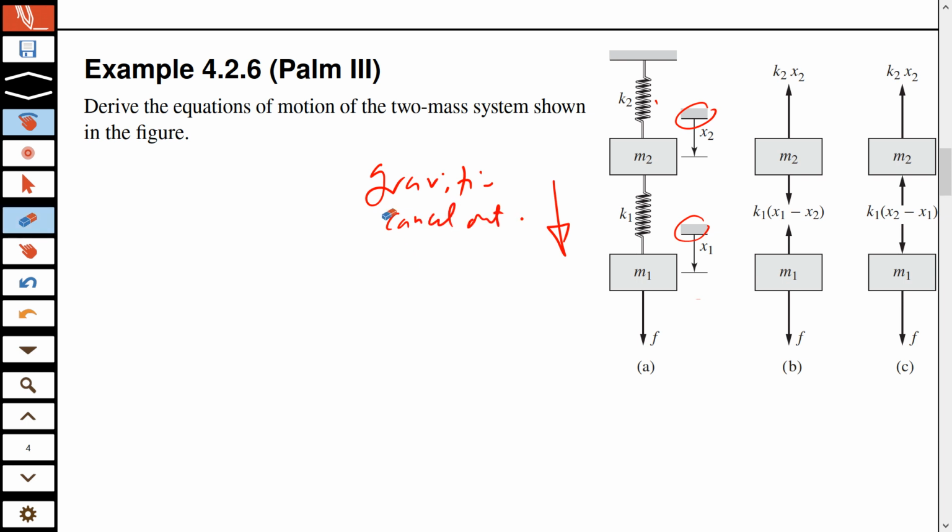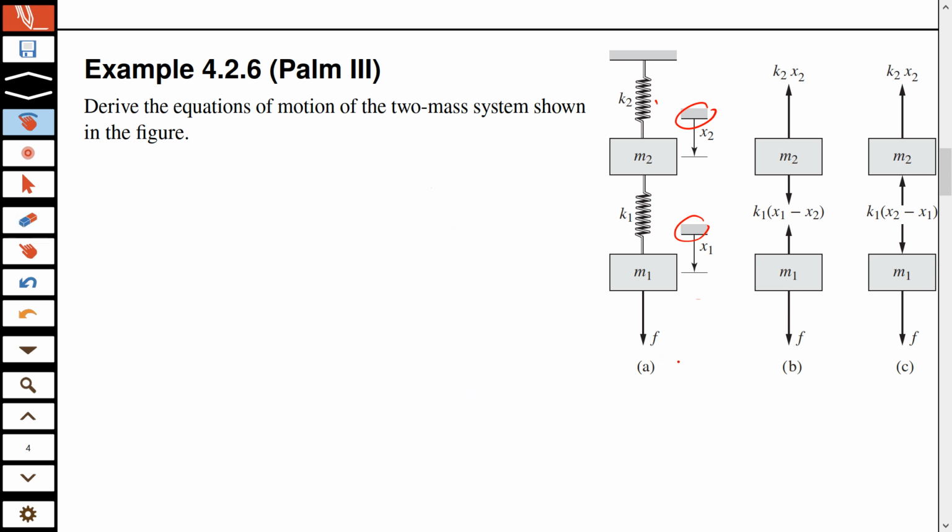We have seen this over and over. So we will assume that the gravitational effects of M1 g and M2 g cancel out in the static deflection. You remember? You will have static deflection here, and we simply cancel those out with the gravitational forces.